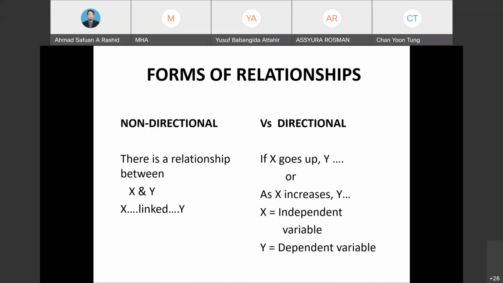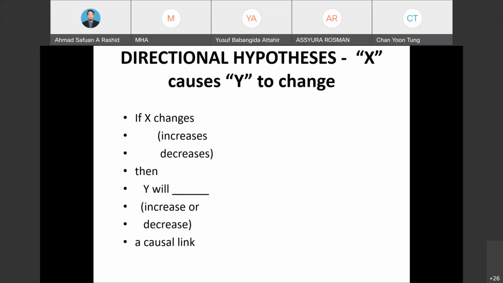Is it non-directional or directional? Is it linear or non-linear? You need to explain, not just put the graph without further explanation. So if x changes, increases or decreases, then y will increase or decrease. So those are example words that you can use.